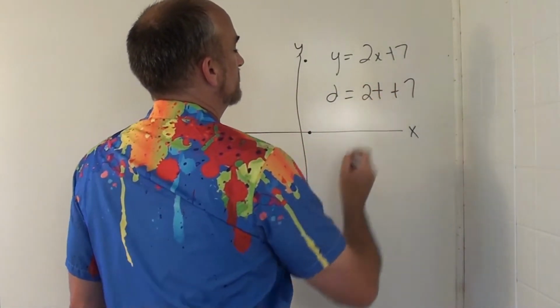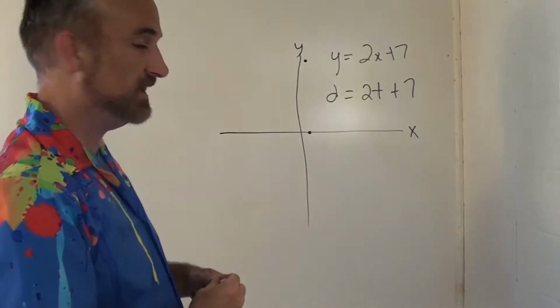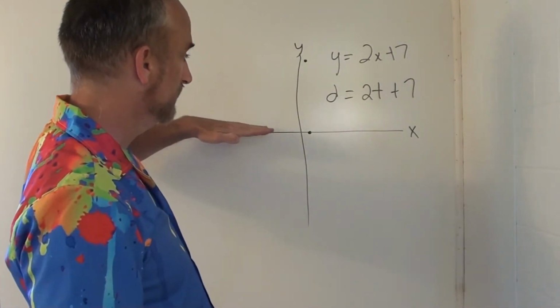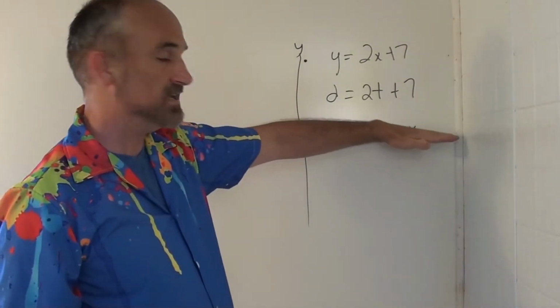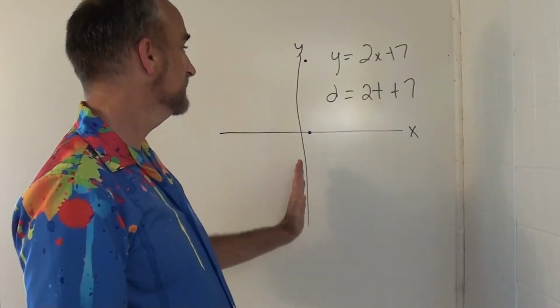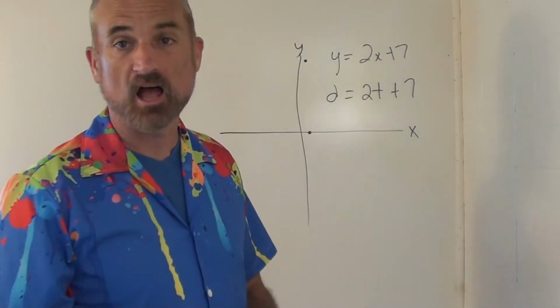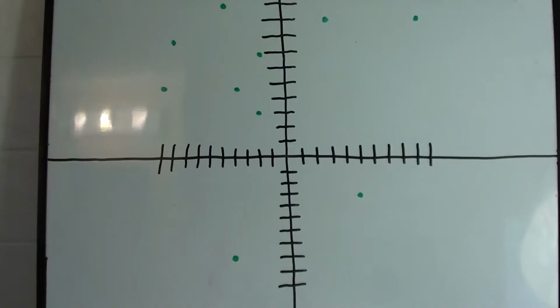That's a t. So it doesn't have to be x's and y's. I want you to understand that. I want you to think about this is the input value and this is the output value. And over time that's going to make a lot more sense. Okay? Alright, so let's review a minute.